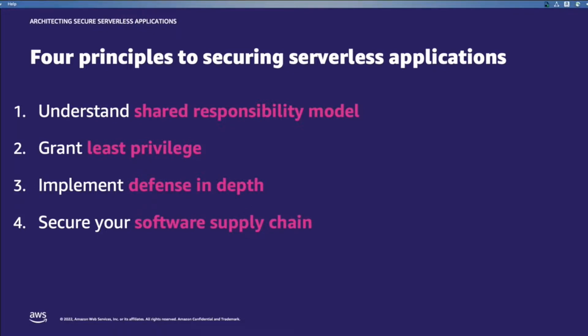We need to understand ways we can implement defense in depth, considering some of the serverless best practices as well. And last but not least, how we can secure the software supply chain. In other words, your pipeline, right?